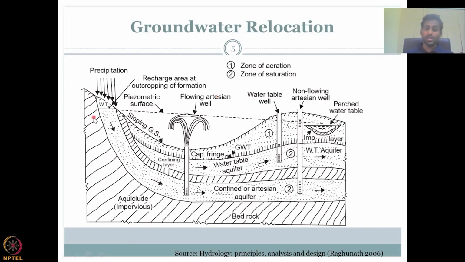Now you could also see that groundwater doesn't always have one aquifer or one water table. You can imagine another saturated zone below the aquifer. I will not get into the detail because this would be a very focused discussion. But what I wanted to get across is that groundwater is being relocated throughout its journey.